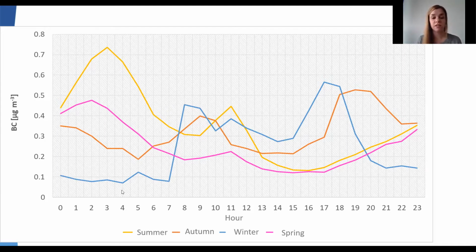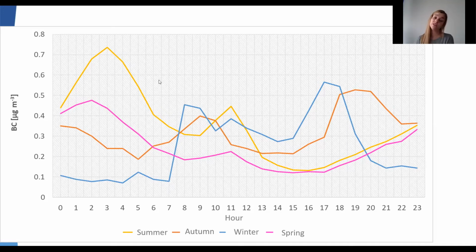And this clearly reflects the vehicular pattern in the area. Because as you can see, during winter, at night, levels are very low, and in the hour when the traffic is allowed, around 7 and 8, the levels increase rapidly, and it's almost constant all day.